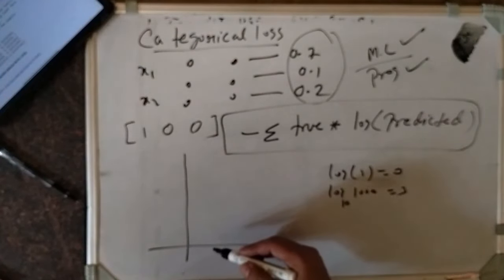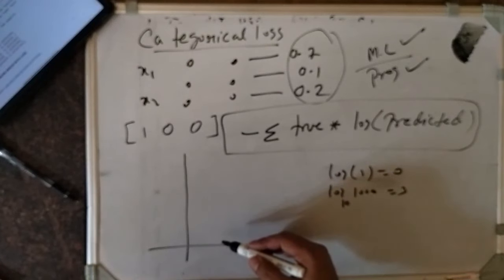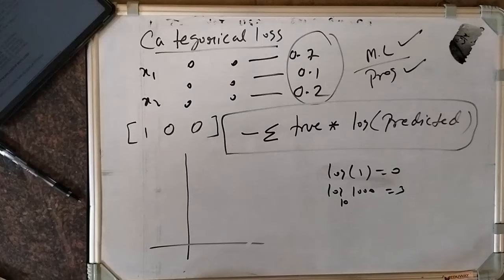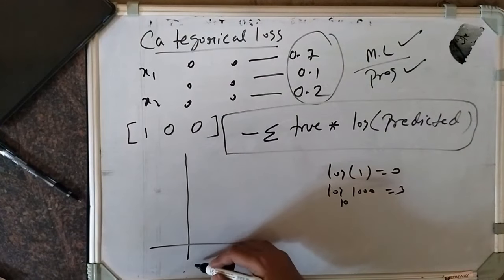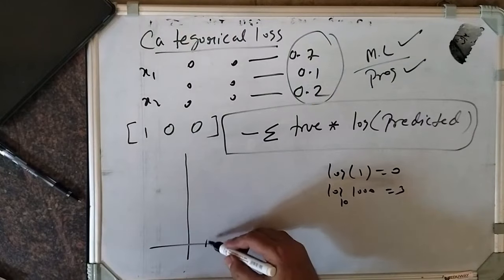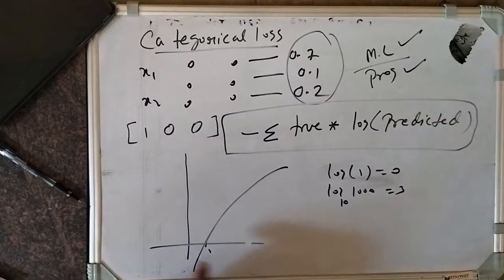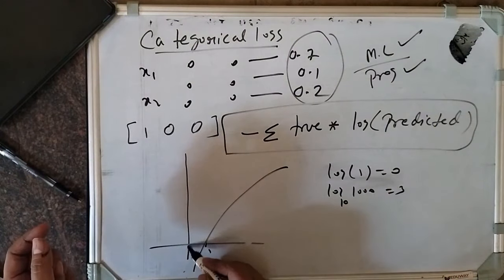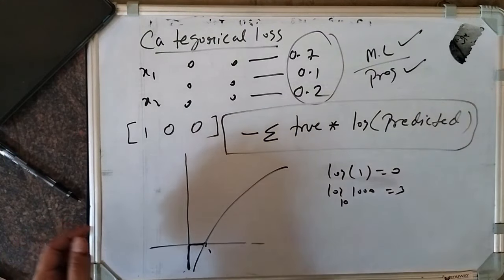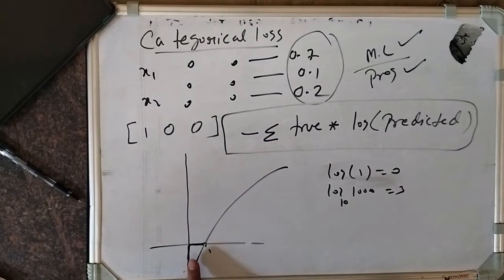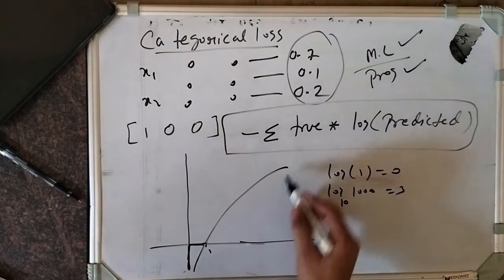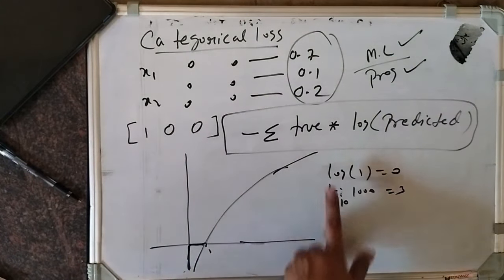If you see the graph, this is suppose 1, like this. Actually log is not defined below this. Log 1 is equal to 0, log 2 is equal to something, and if you are going to infinity, log is also going to infinity.